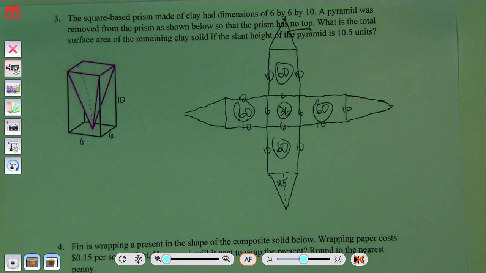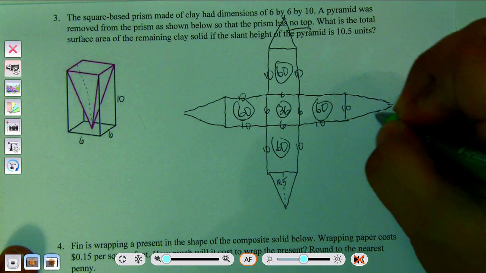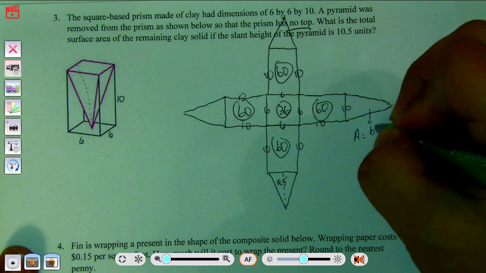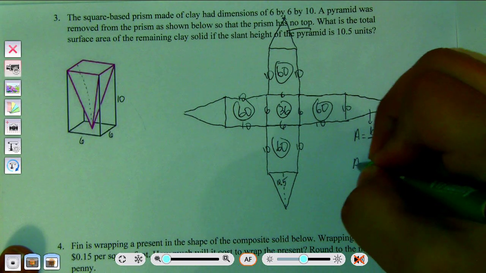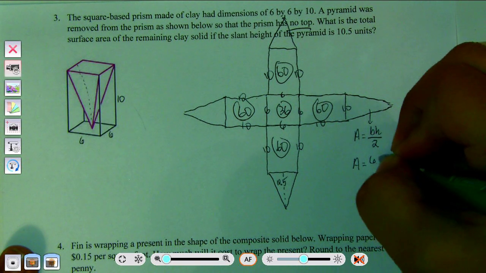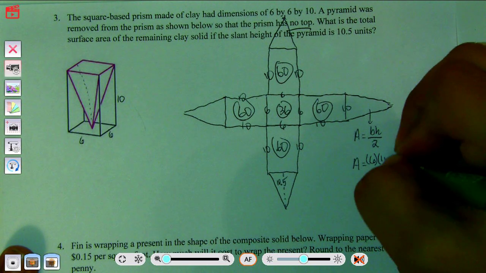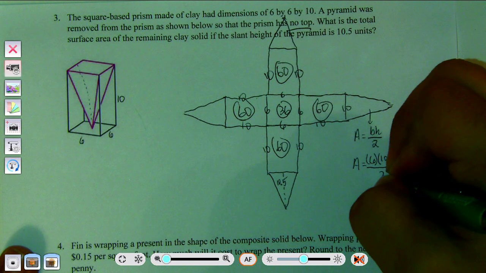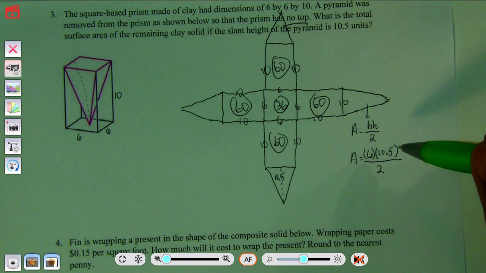So we're now going to find the area of each of those triangles. Reminder, the formula for area of a triangle is base times height divided by 2. So the base of each of those triangles is 6. Put that in parentheses, times 10.5 over 2. 6 times 10.5 is 63.